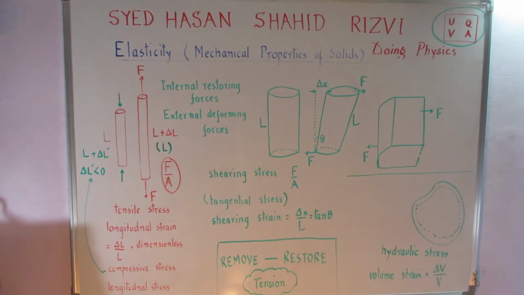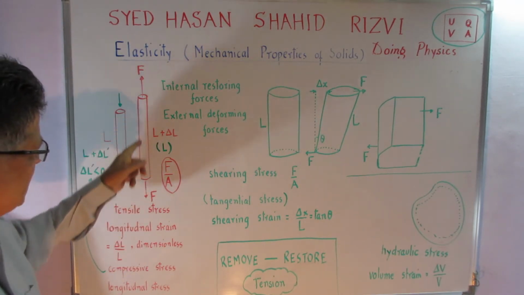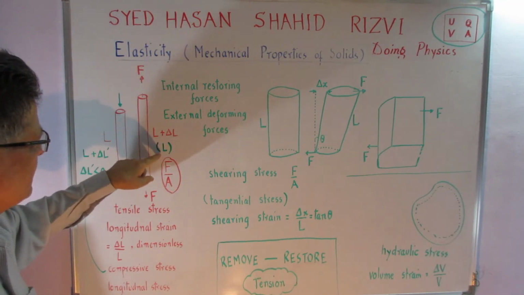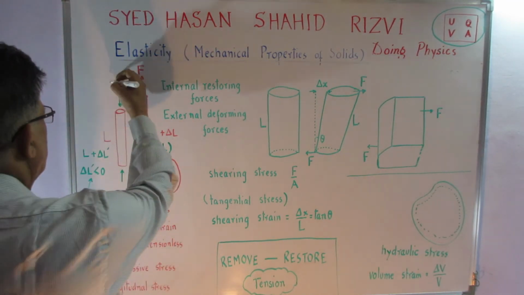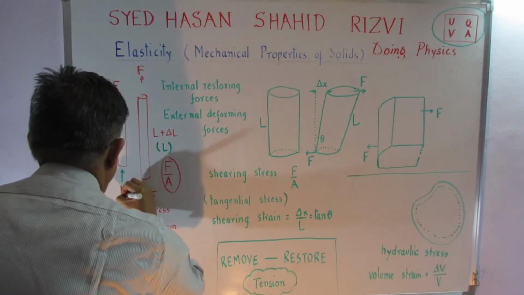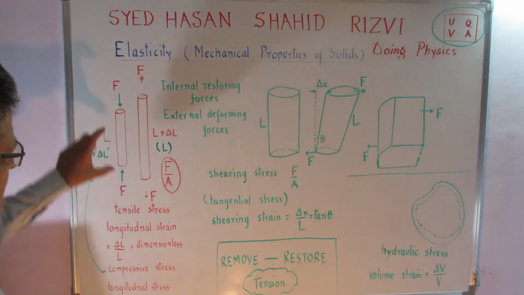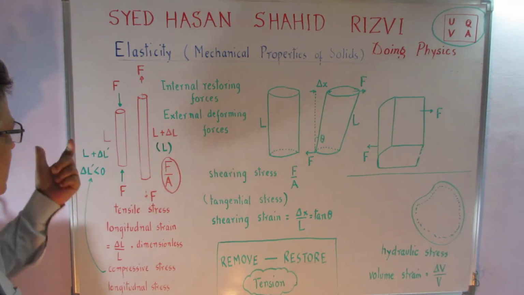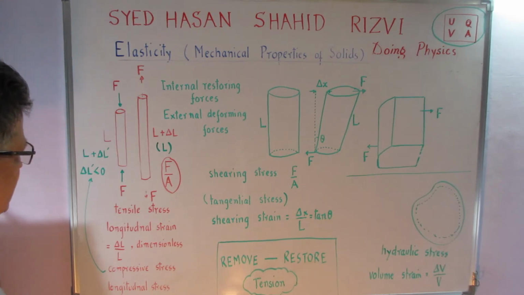In the second case, I have shown that the original length is L and there are no forces. Okay, the original length in the green color is L, and when I apply a pair of forces compressing it, of course the two forces have to be equal and opposite, so that its position is retained, and it does not go away with an acceleration.